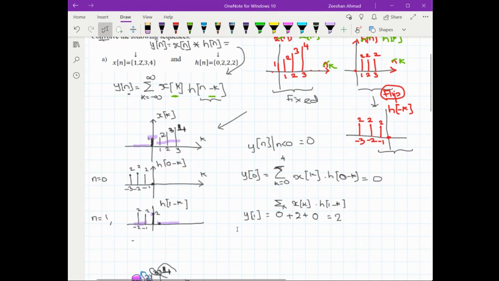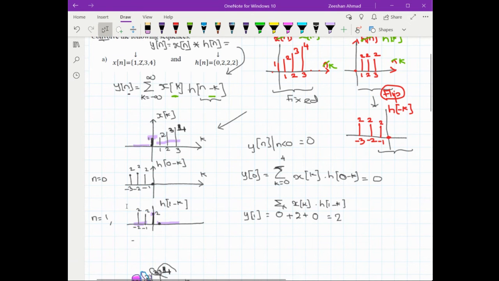So 1 multiplied by 2, plus all the other values, 0 multiplied by this will be 0, and all these values multiplied by 0 will give me 0. Because this is the operation we are performing, multiply and then summation, this will give me 2.